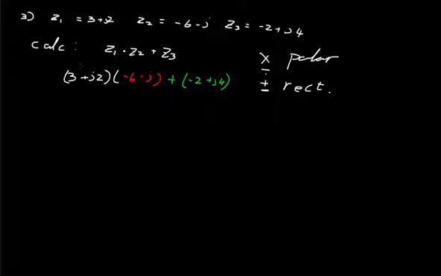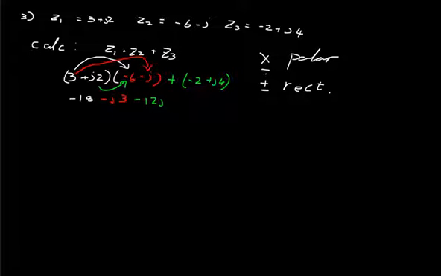We're just going to do normal FOIL once again. First is 3 times negative 6, which is minus 18. Then our outers, which is 3 times minus j, which gives minus j3. Then our inners, which is j2 times negative 6, which is negative 12j.